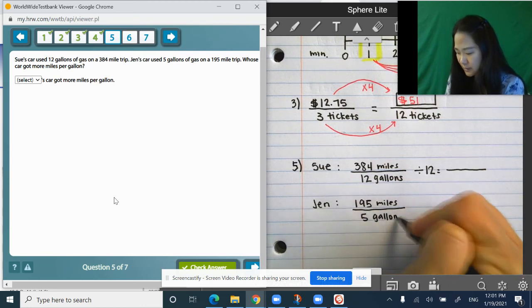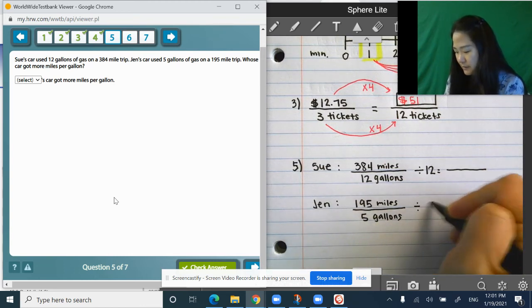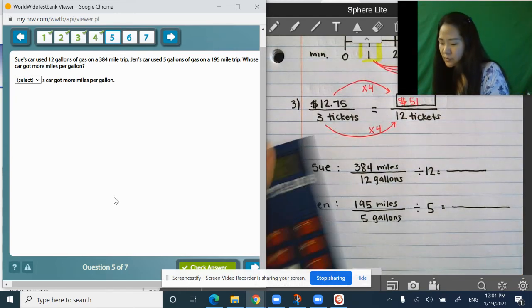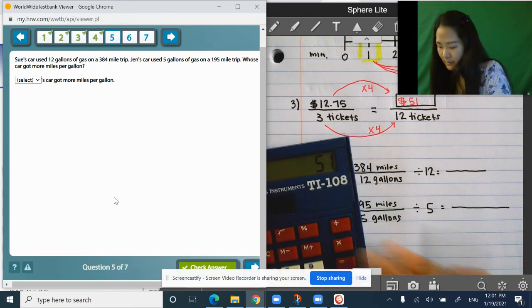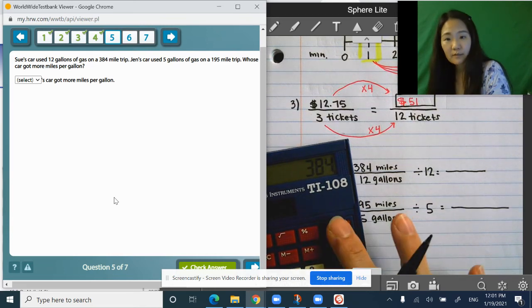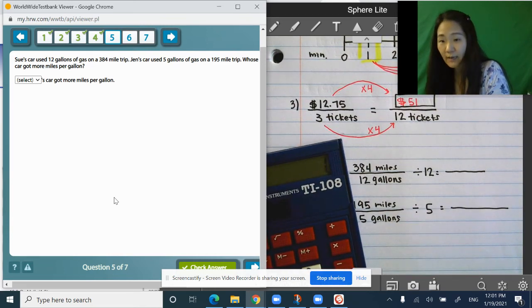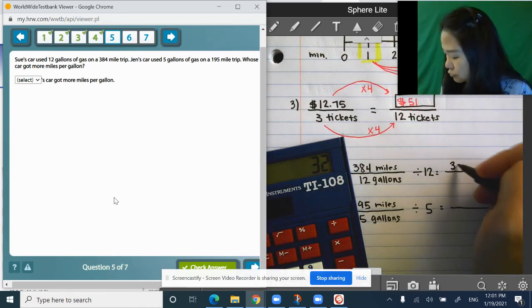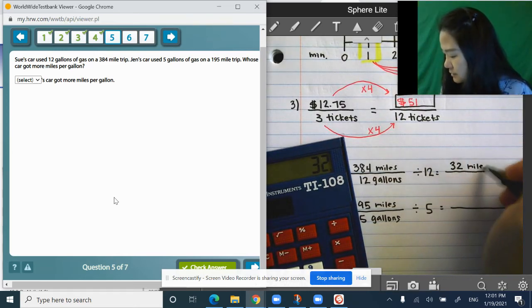And for this one, to find the unit rate, I divide by 5. So for Sue, 384 miles divided by 12 gallons, I see that it is 32 miles for 1 gallon.